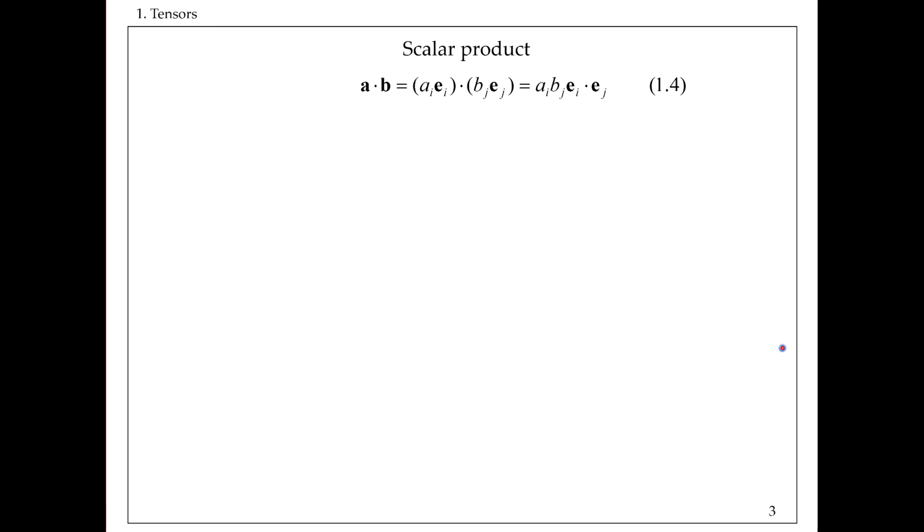So this is a projection operator, and as a result, when we multiply two vectors, the result will be a number, a scalar, hence the name of this operation.